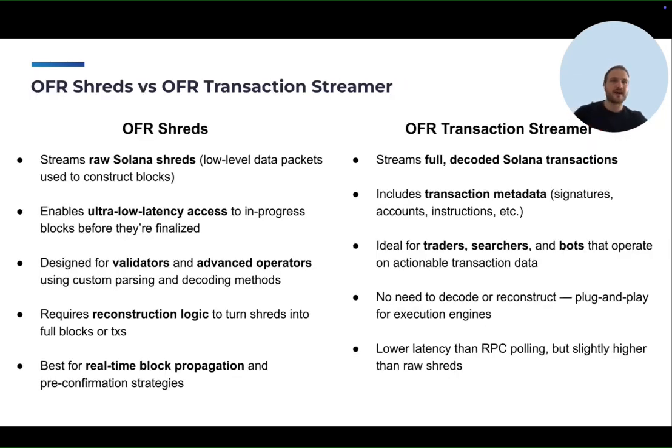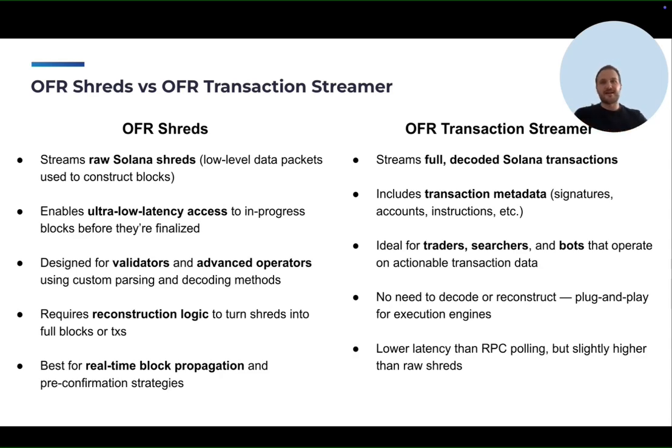So just to drill down a little bit more, when I speak about shreds versus transaction streaming, as we looked at, shreds are essentially just those raw components that you need to collect in order to reconstruct that initial block. So depending on your use case, you are either happy receiving those raw shreds and processing them, like decoding them on your local side, and using them in whatever way you see fit.